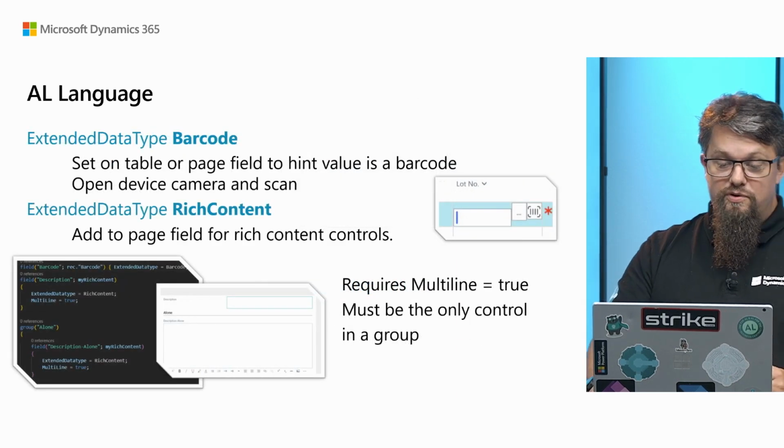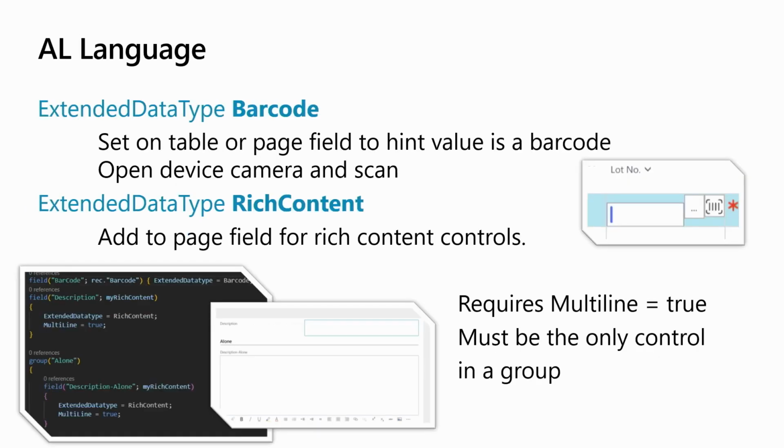We have two new extended data types. The barcode extended data type can be set on fields where you want the scanner button to appear when you're using a device, making it much easier for people to enter data using their device camera. We also have the rich text extended data type that enables you to add rich content capabilities to your fields.